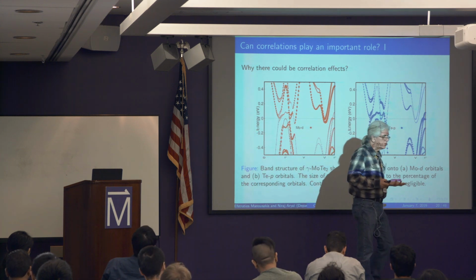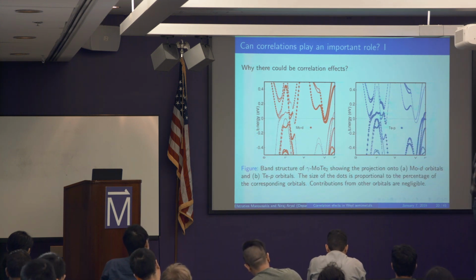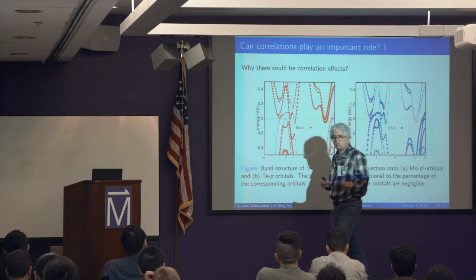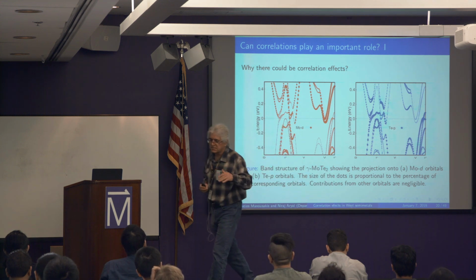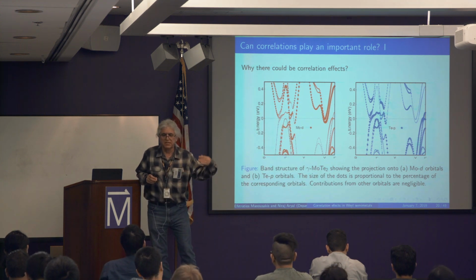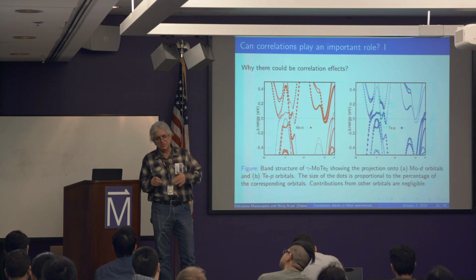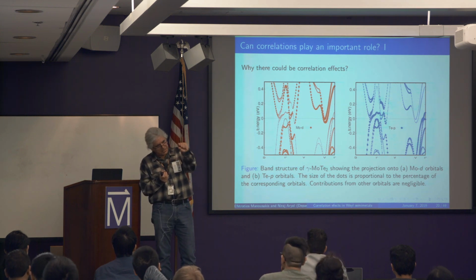So yes, the correlations are weak in the sense that they produce a small energy effect in terms of pushing the bands up or down, but that's big enough for us because our physics is very low energy physics. These bands just almost cross the Fermi level. So the fact that the occupancy is low is consistent with the fact that the energy scale is small.